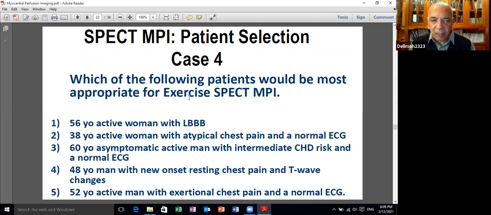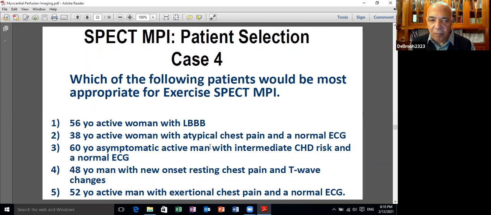The way we can overcome that is that these patients should have a vasodilator stress SPECT MPI, not an exercise SPECT MPI. Now, the second choice is a young woman with atypical chest pain and normal ECG. This is a very low-risk individual.